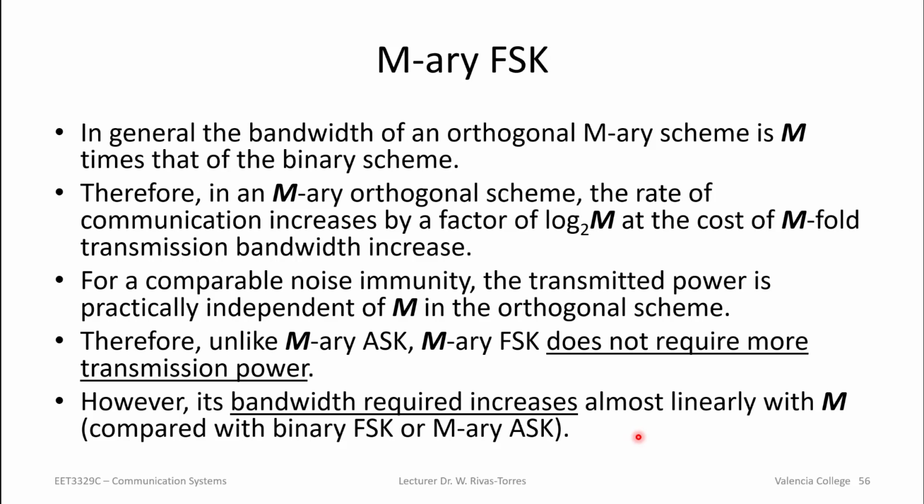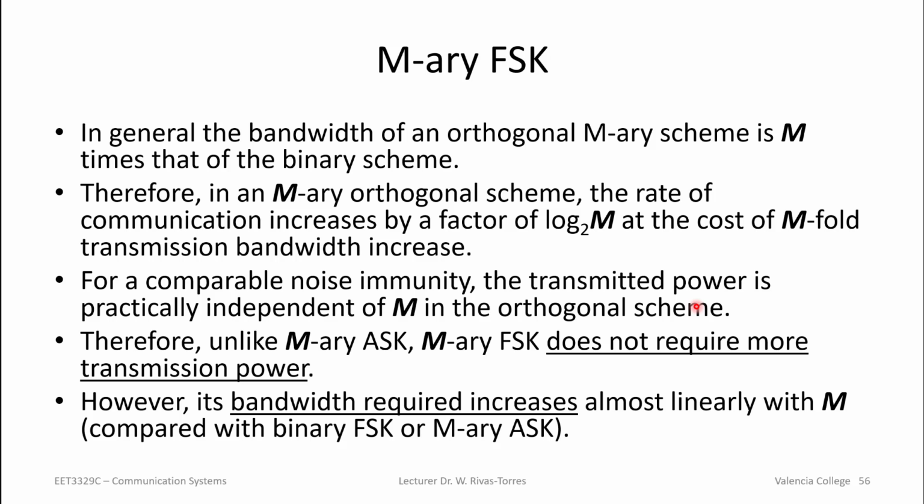The rest of it is sort of the same things we've been talking about. The communication rate increases by a factor of log 2 M. Remember, it's at expense of bandwidth. For a comparable noise immunity, the transmitter power is practically independent of M. That's a nice thing about FSK, right? It has all this bandwidth restrictions, but when it comes to power, it's a wonderful thing.